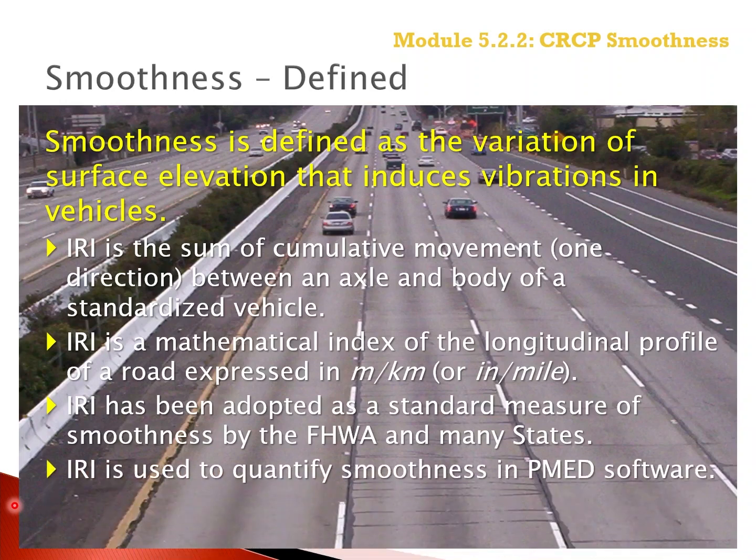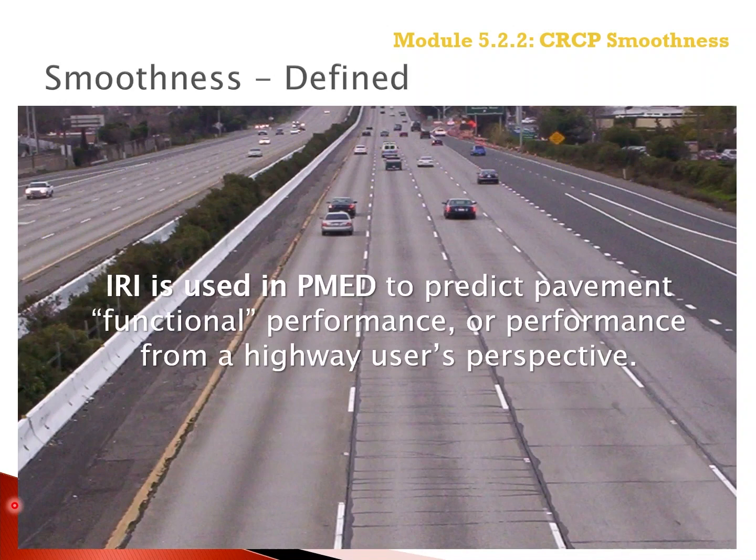IRI is used to quantify smoothness in the PMED design software. Smoothness in the PMED design software is used to predict CRCP functional performance, or the performance of a highway from a highway user's perspective.